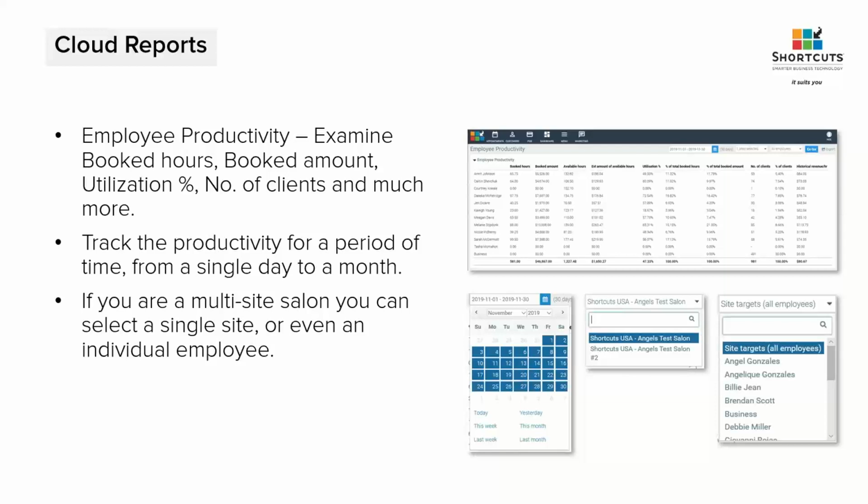And if you are a multi-site location, and this goes for other reports as well, there is a pull-down menu which allows you to select a single site or all sites. And you can even filter it to specific staff members. So that's the employee productivity report. Again, it's on the cloud.